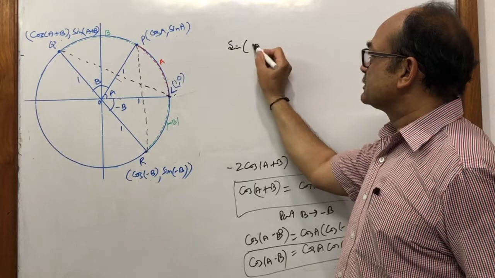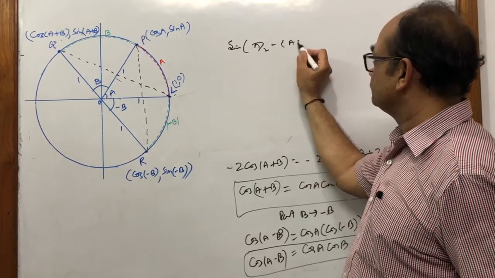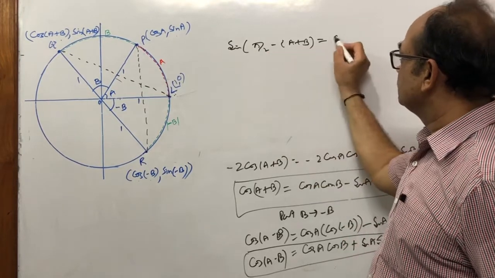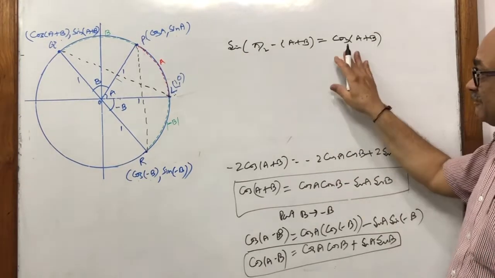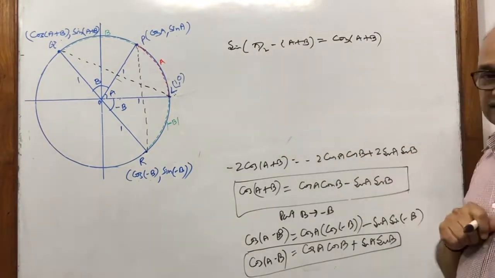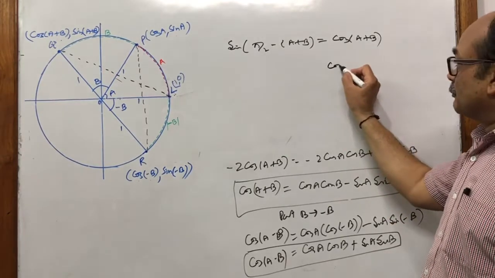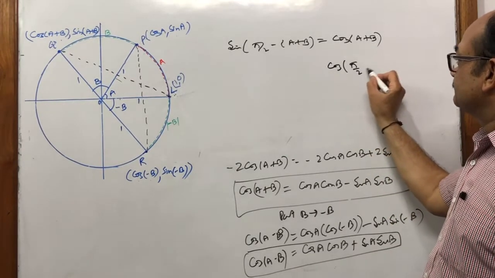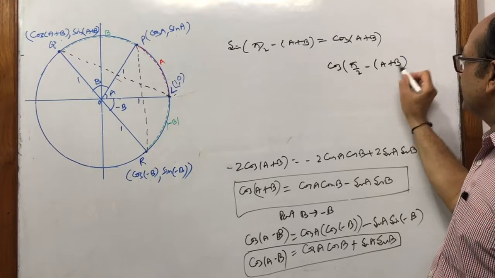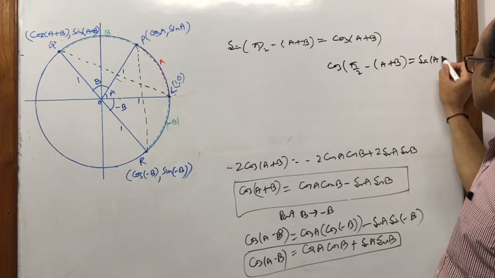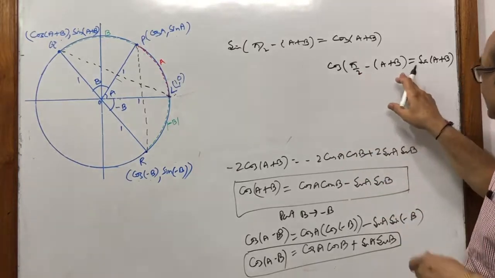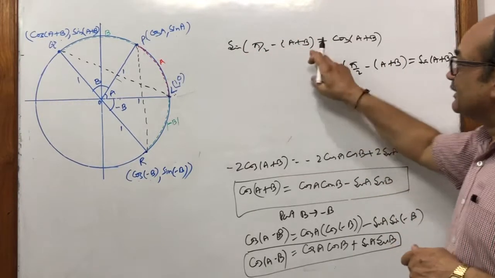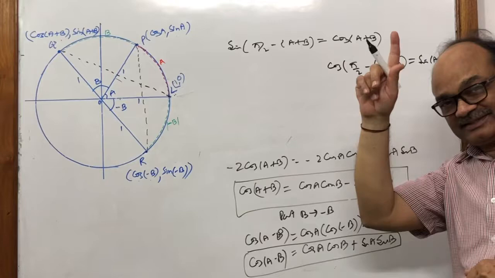So you know sin 90 minus theta is nothing but cos theta. Yes or no? Cos 90 minus theta is sin theta, sin 90 minus theta is cos theta, from class 10th.